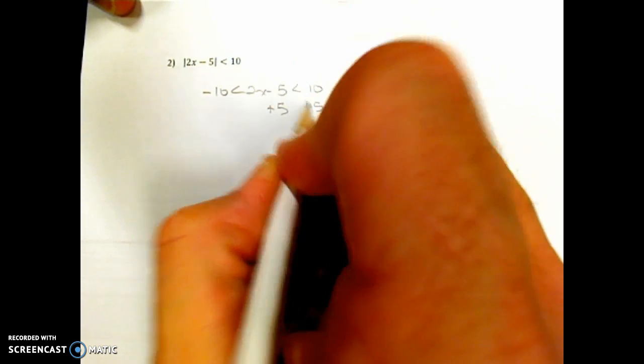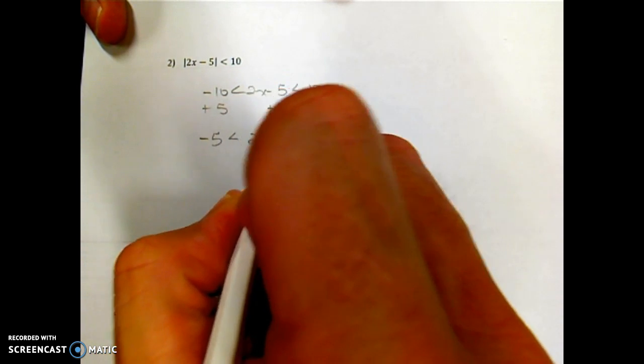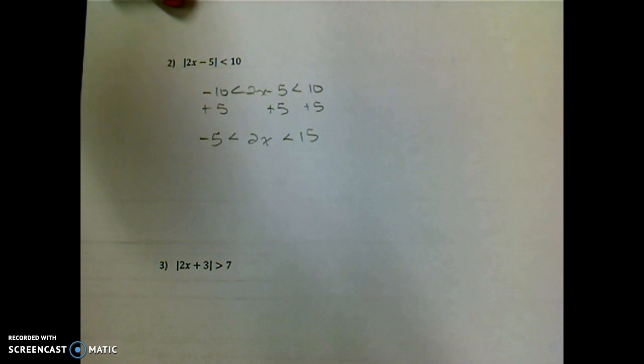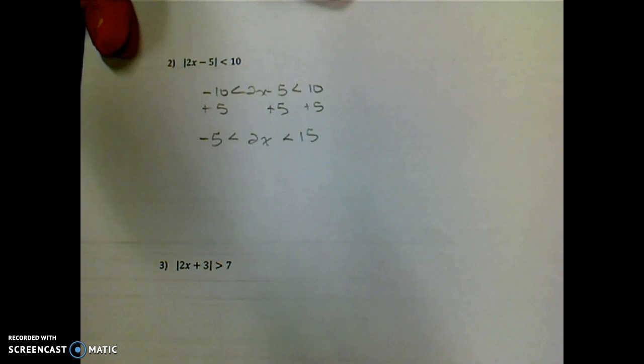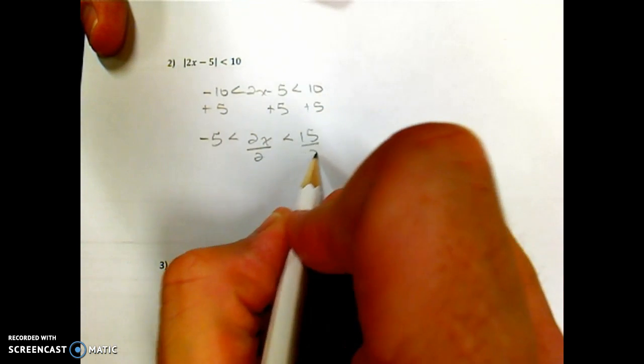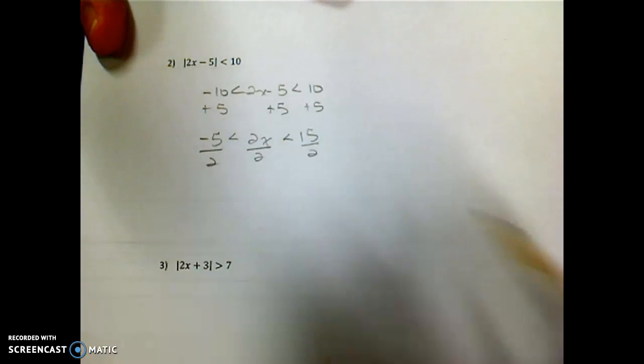Add 5 to each part: negative 5 less than 2x less than 15.